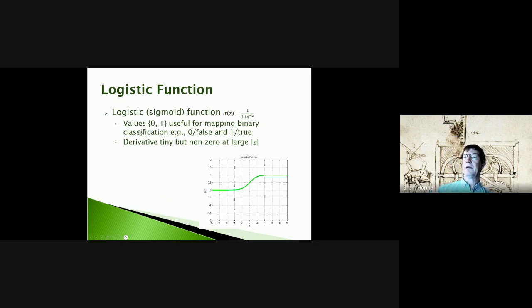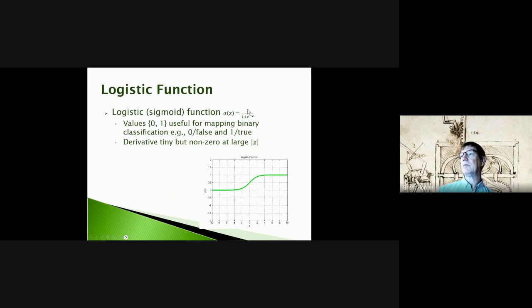And so the nice thing is that if you plug in large negative numbers of z, we're going to take a negative number that's going to be positive. e to a very large positive number is going to be a very large number, but it's in the denominator.